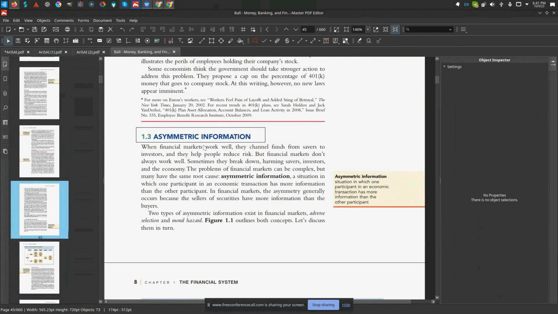It says when financial markets work well, like what Han was saying, when the markets look good, when financial markets work well, they channel funds to savers, to investors. Think about it. When everybody is slapping five saying happy days are here again, they're channeling funds from savers to investors.